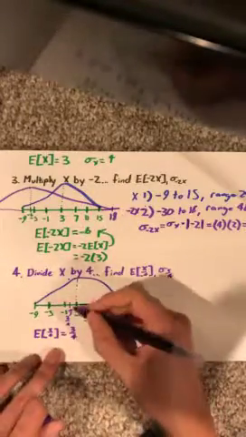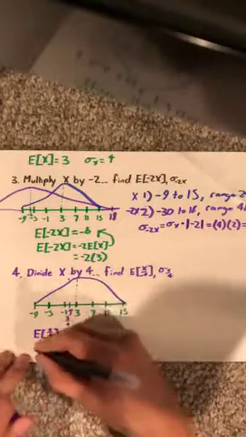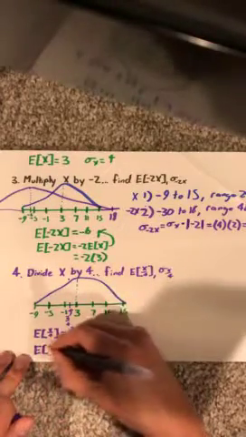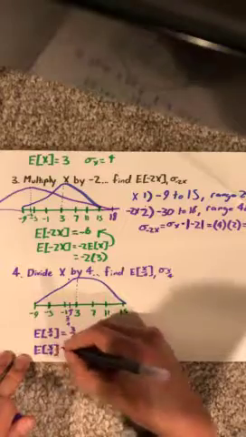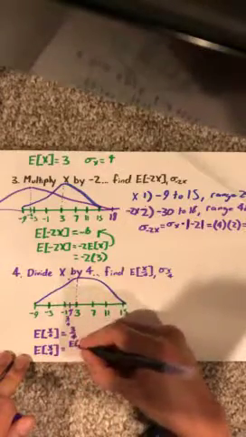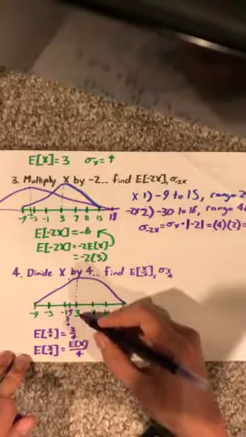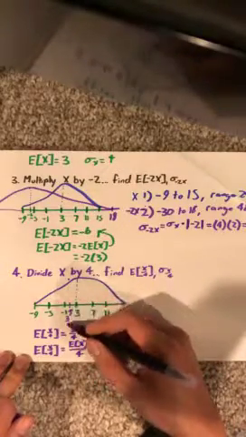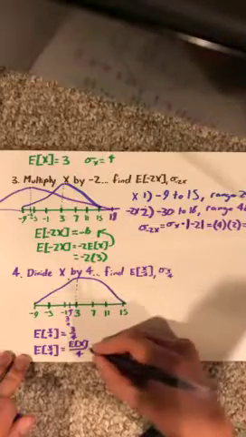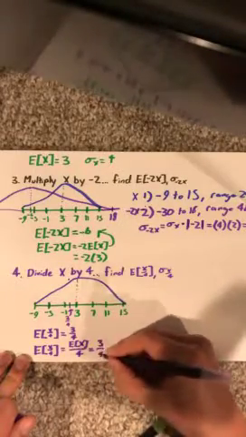You can do that just by seeing that, or you can do it mathematically by saying that E of x divided by 4 is equal to the expected value of x divided by 4, which is what we just did. We took our 3 and we divided it by 4 to find this new center, and we get 3/4, which is the same thing.